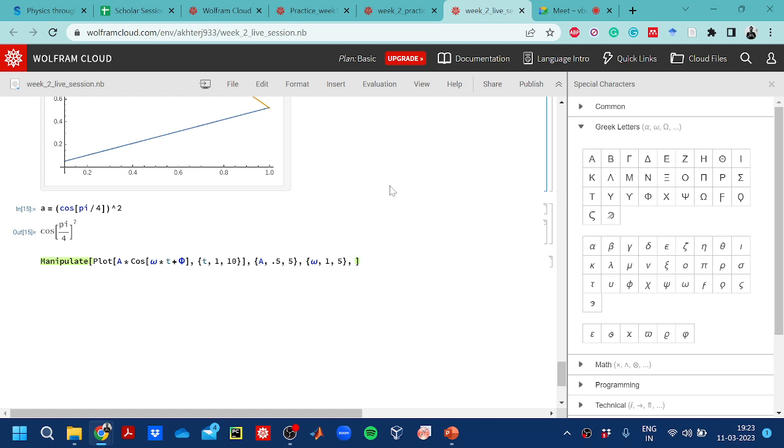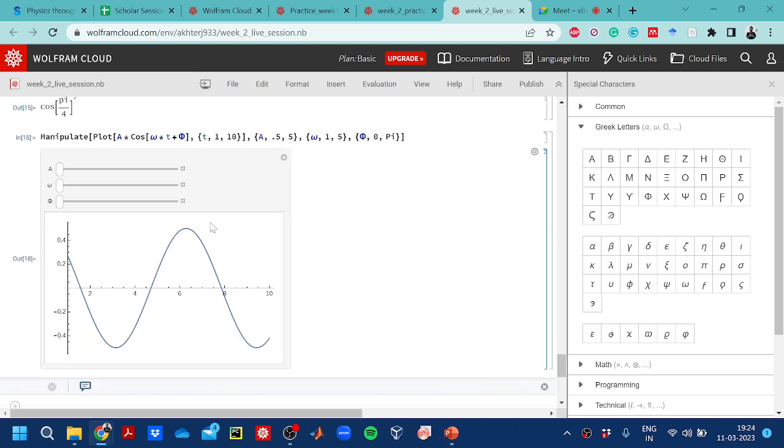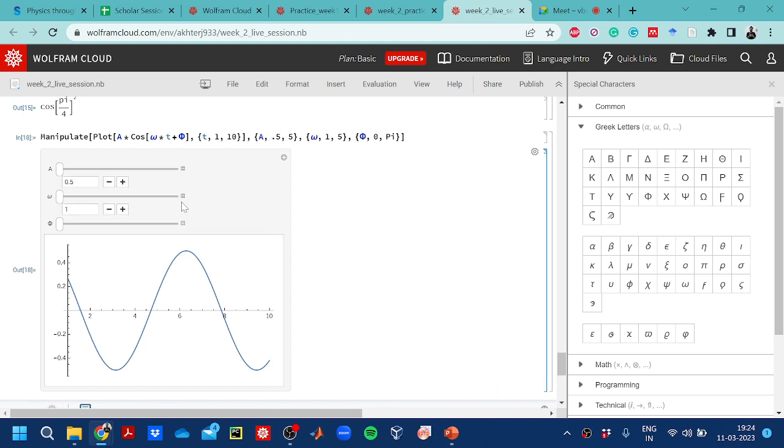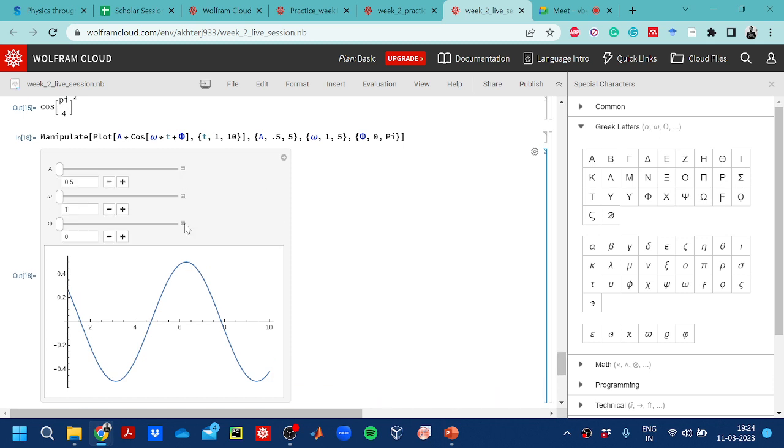And we have another parameter here, the phase factor. Let us manipulate it from 0 to pi by 2, or pi. So this is how the solution looks for this set of values.